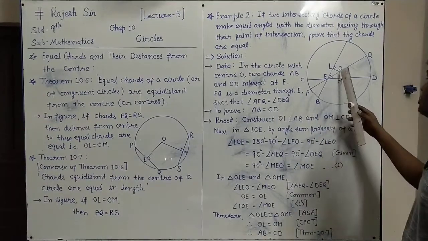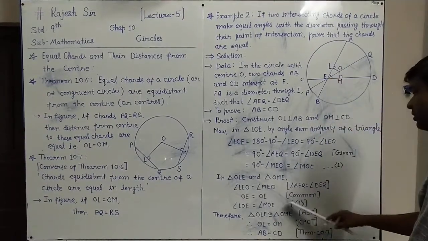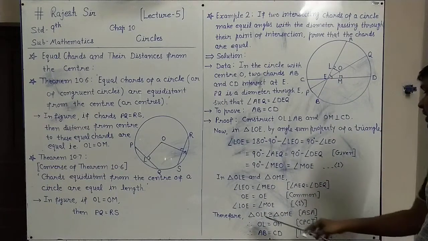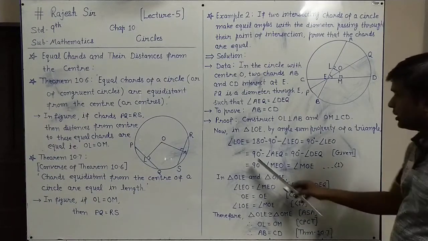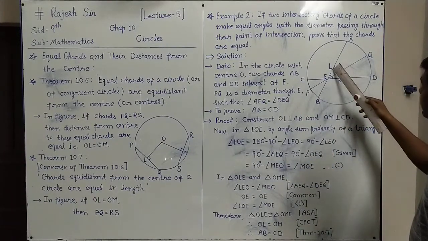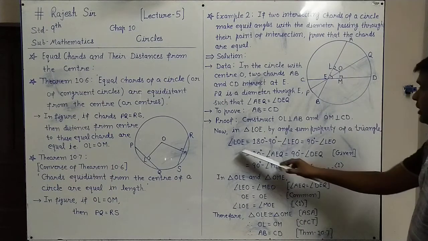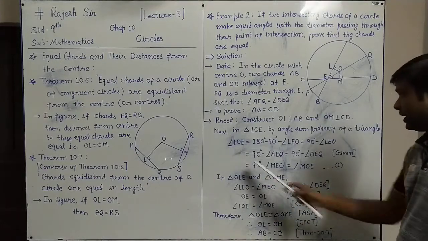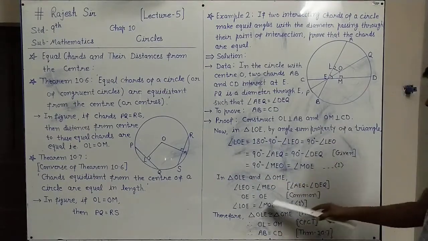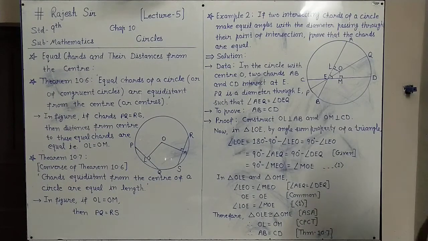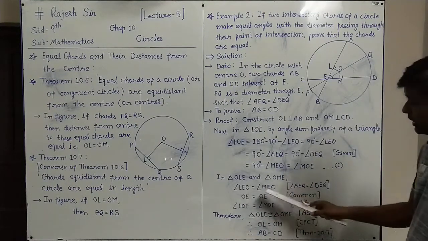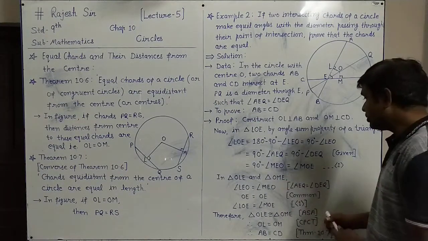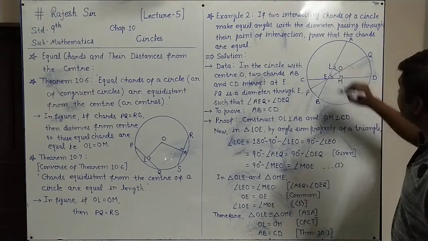Next, in these two triangles, EO is a common side, or OE is a common side. So OE equals OE, common side. And from result 1, what we have proved, angle LOE, this angle at the center, equals angle MOE. By showing this in these two triangles, three equal things: angle LEO equals angle MEO, these two angles we have shown equal.